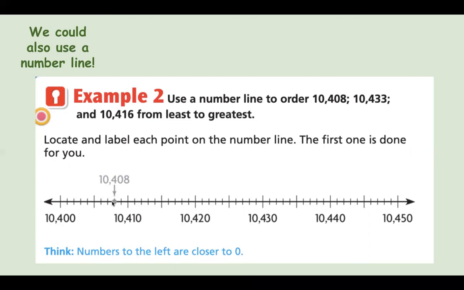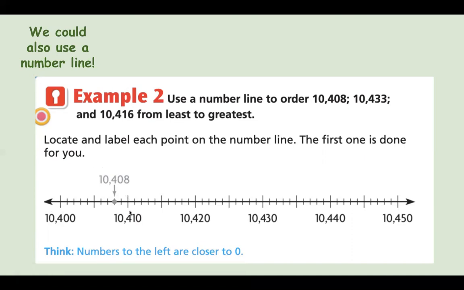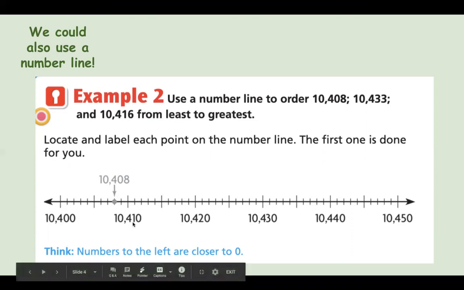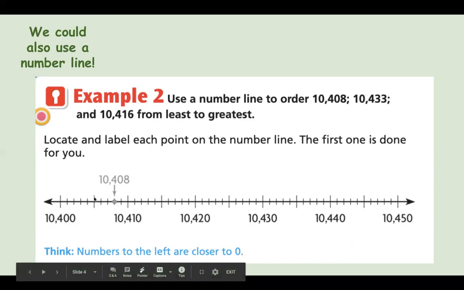All right, so they said that it goes here. Let's see why. The first number in the number line is 10,400. Then the next number here jumps an additional 10. See how it went from 400 to 410? So that means that this halfway mark must be a 5. So it's 10,405.